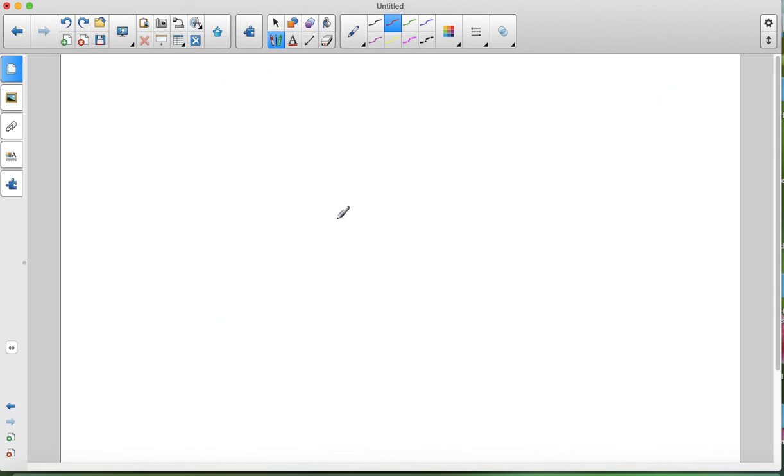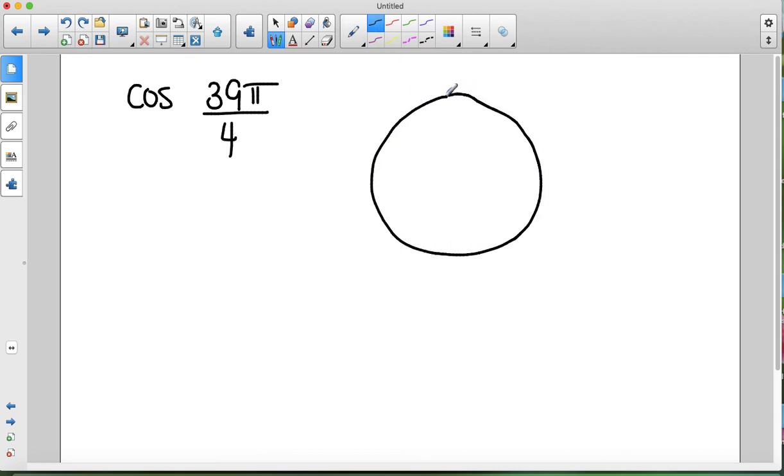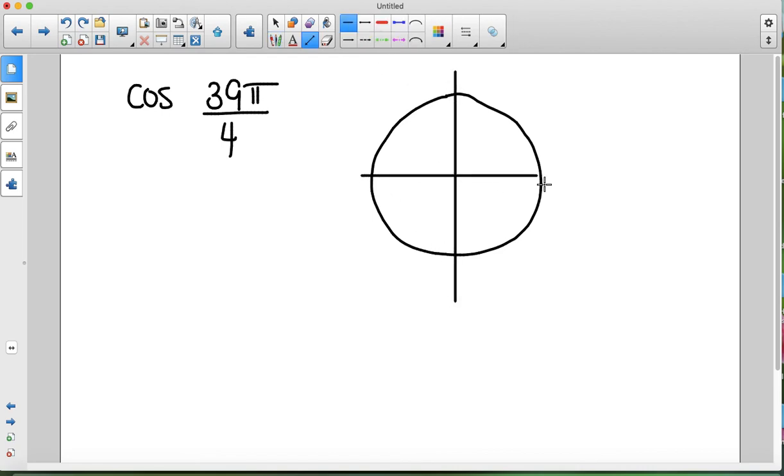So I ask you to locate for me, I want to know the cosine of 39 pi over 4. Let's see if that one works. So what am I asking for? I'm asking, on the circle, where is this going to be located? I just made this one up, so let's just see.